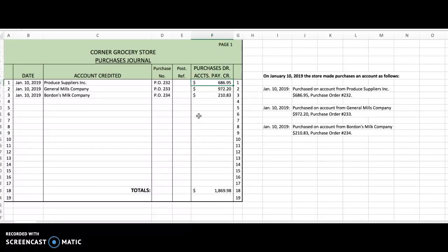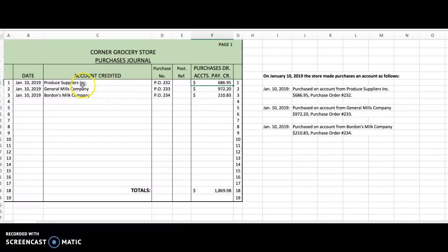That's because the seller is responsible for collecting and paying the sales tax. We are the purchaser here. So the $686.95 that we owe to the Produce Suppliers Incorporated includes sales tax. We don't have to separate it out because we're not going to account for it in our books. It's already part of the total.